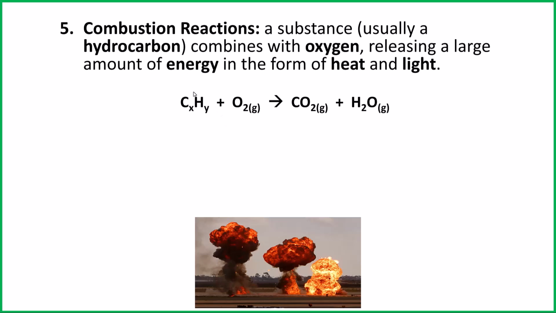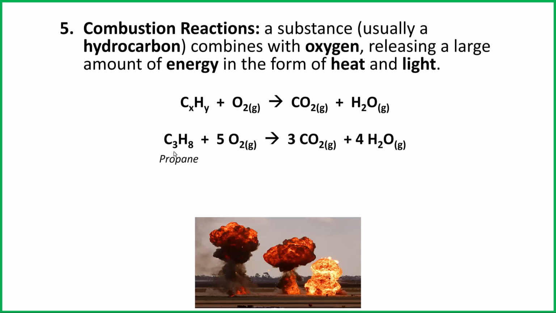And the reason this isn't written in A's and B's and C's and D's is because we're discussing very regularly here having a hydrocarbon and reacting with oxygen gas to create carbon dioxide and water. So we're going to represent that hydrocarbon as C something, H something. And so that's why we have the X and Y for our subscripts here.